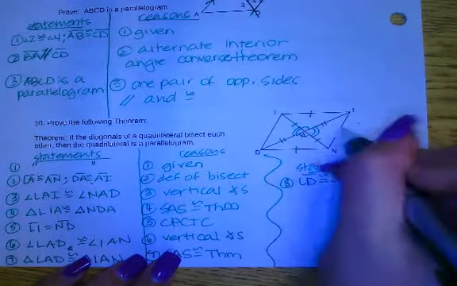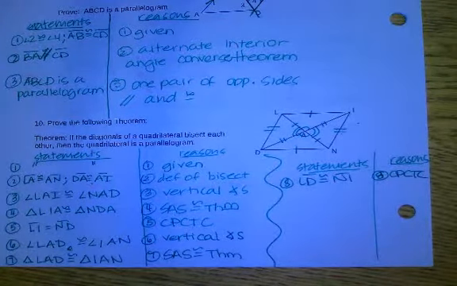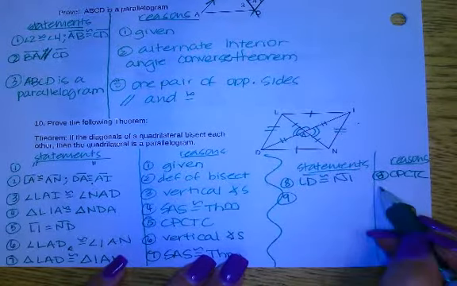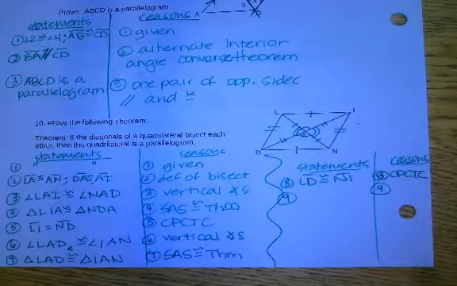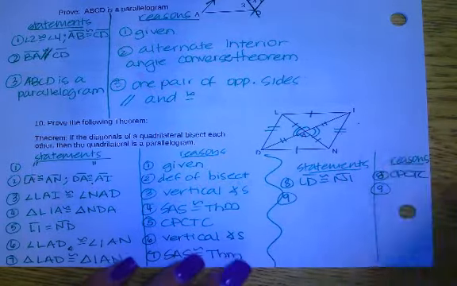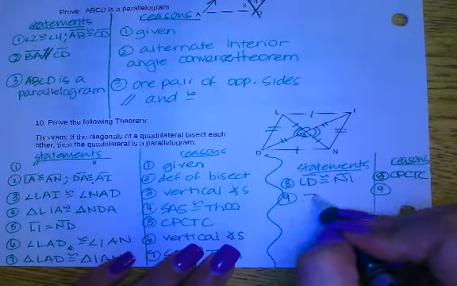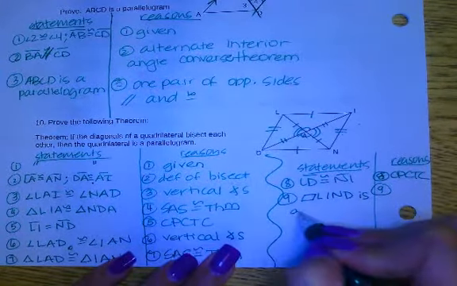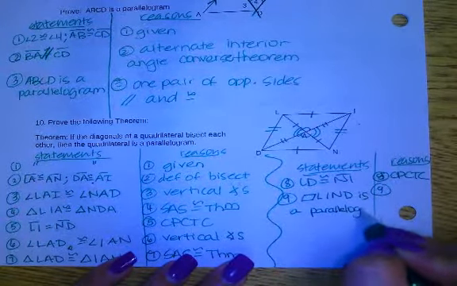Okay. Anything yet on our pink sheet? And then you got 4 congruent sides. Not necessarily 4 congruent sides, but what? 2 pairs of congruent sides. Okay. So you would have that the quad LIND is a parallelogram. And the reason being is number 2 on your pink sheet.